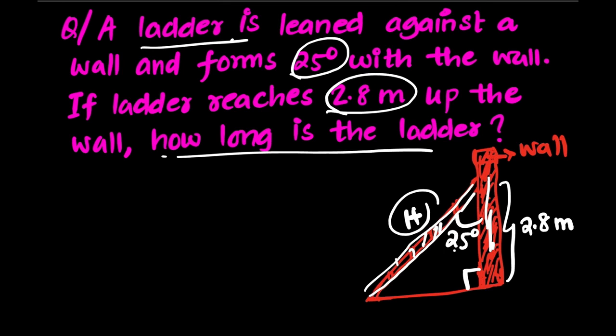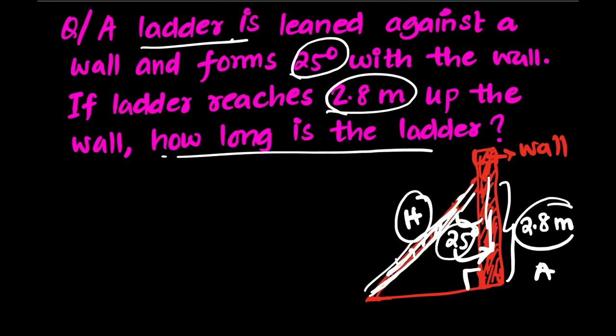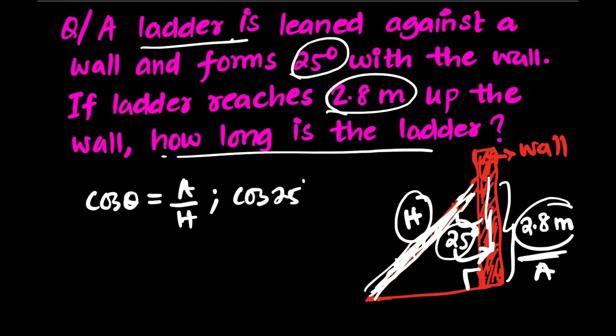This situation forms a right triangle, so you can use trigonometric ratios to find the value of h. With respect to this 25 degree, the side length 2.8 is adjacent, while this hypotenuse is the length of the ladder. Since the angle and the adjacent are given and we are asked to find this hypotenuse, we must use cosine ratio, which is the ratio of adjacent over hypotenuse. Substitute here, cosine of 25 degree equals adjacent 2.8 over hypotenuse h.